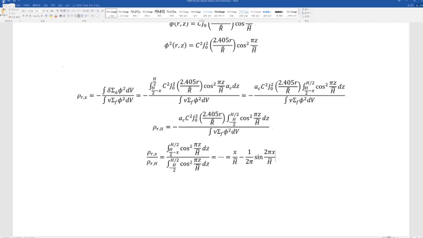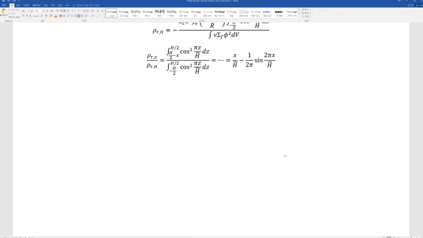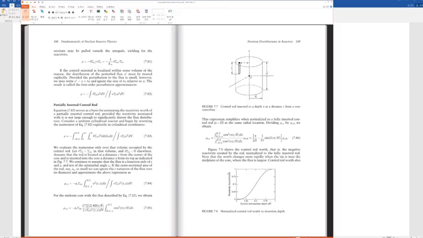And also, it will not be very difficult for you to draw the figure 7.8. So let's see, 7.8. So figure 7.8 is the direct application of equation 7.86.